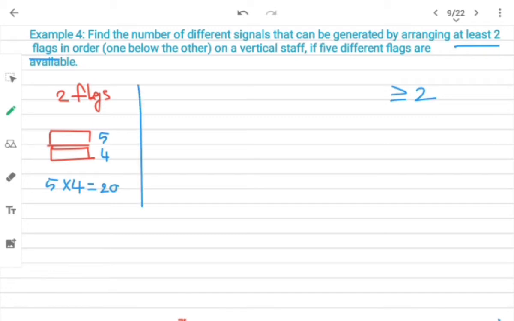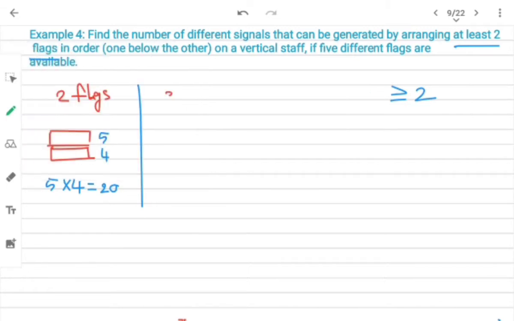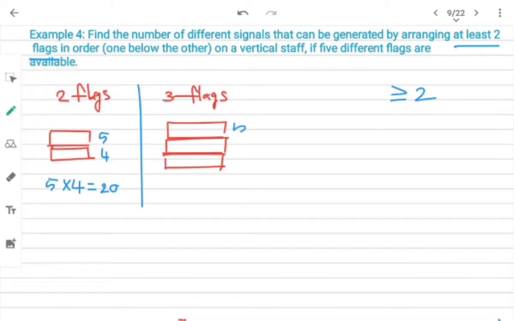And now I'm going to get 3 flags. That means first flag, second one, third one. In this, how many possibilities are there? In the first place, I have 5 flag colors.